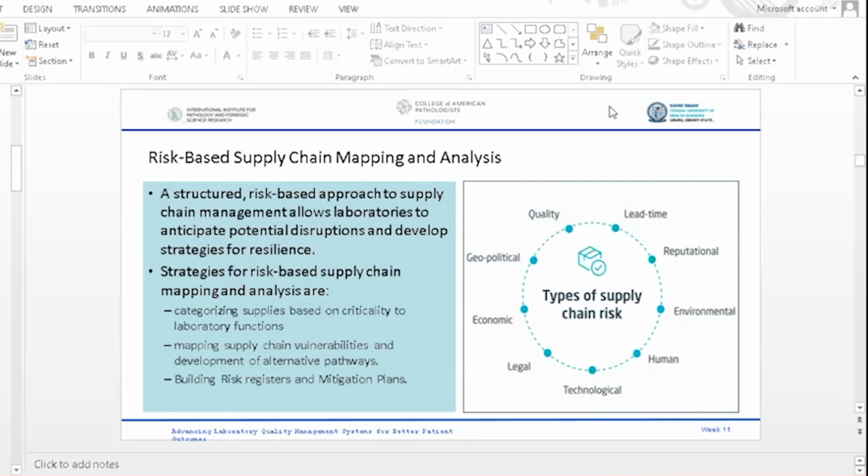Then developing risk registers is another way of risk-based supply chain mapping and analysis. Okay, you create risk registers and mitigation plans, which will ensure that potential threats are documented. Remember that a risk-based approach at any point in the laboratory quality management system is all about proactiveness.